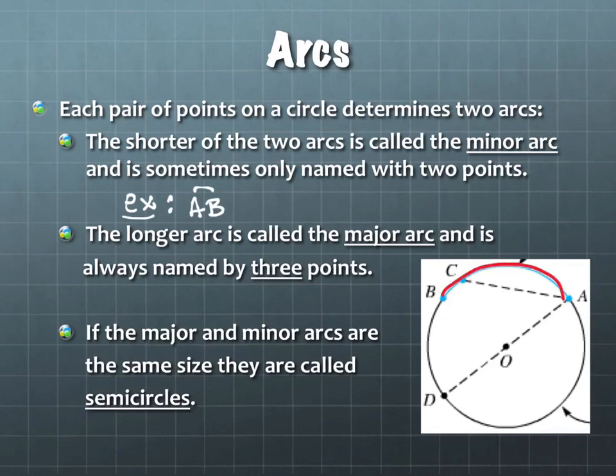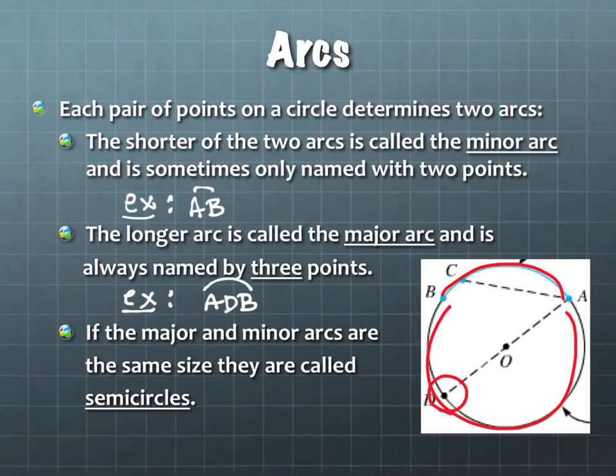The reality is, though, that A and B also determine another arc going the long way around, right? That's called a major arc. The major arc is always named by 3 points. So on this picture, that same arc AB, A and B are the end points, but the point that it also goes through would be D. So if I go around this direction, it would be ADB, and I would have the arc on top.